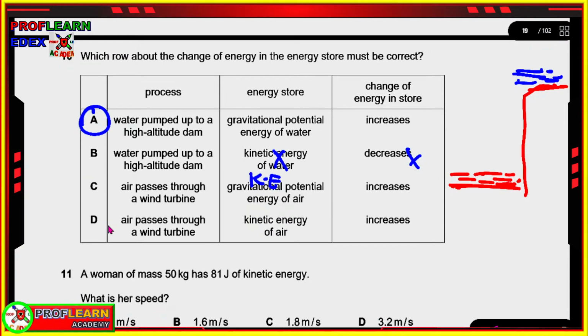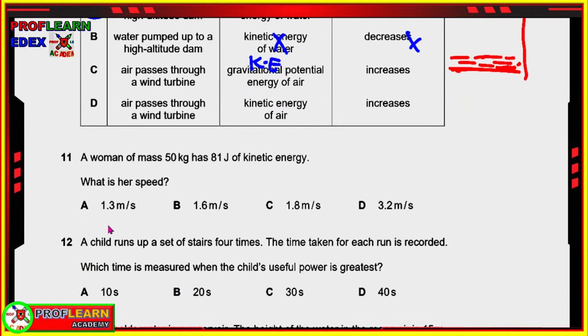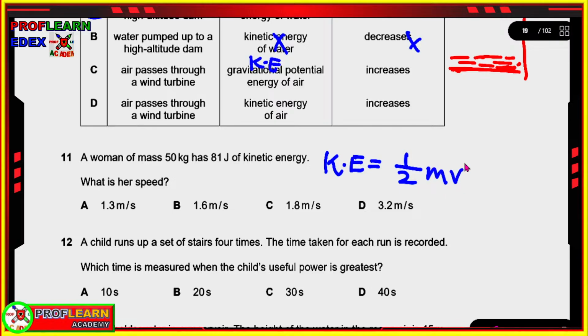A woman of mass 50 kg has 81 joules of kinetic energy. What is her speed? What is the formula for kinetic energy? That's the first thing we need to ask ourselves. Kinetic energy is equal to a half mv squared, so that we can substitute all the quantities that we have in order to work it out.